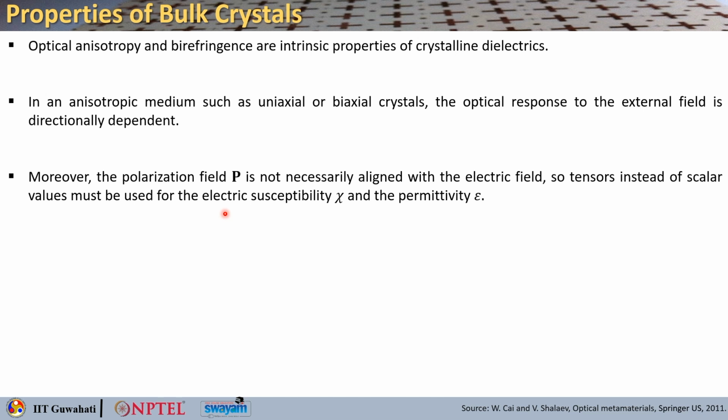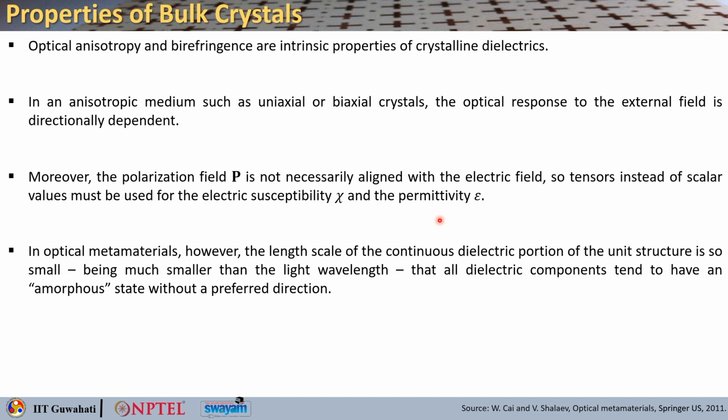The polarization field P is not necessarily aligned with the external field, so you have to use tensors instead of the scalar values used for electric susceptibility and also the permittivity epsilon.